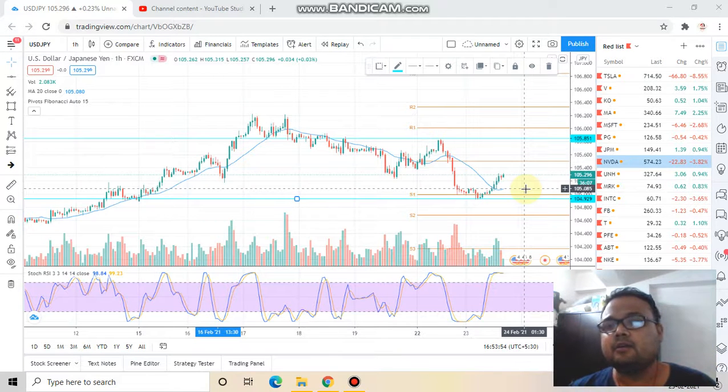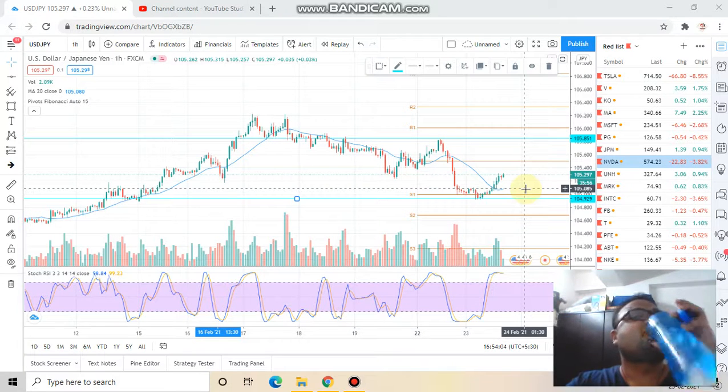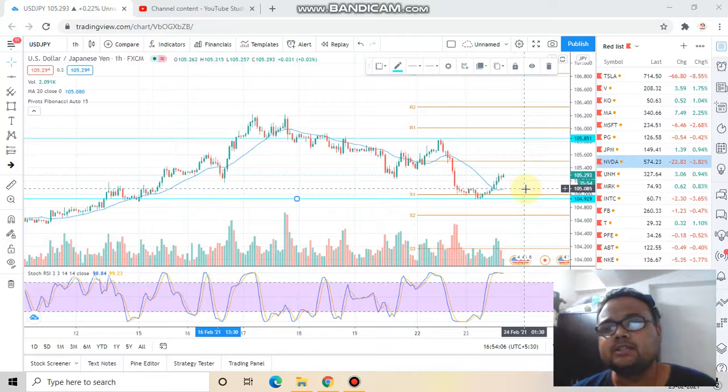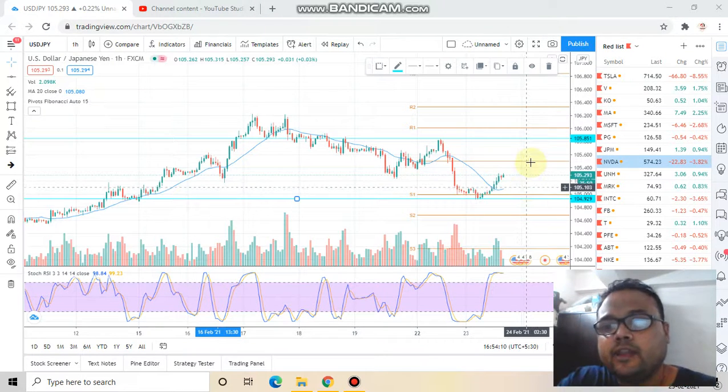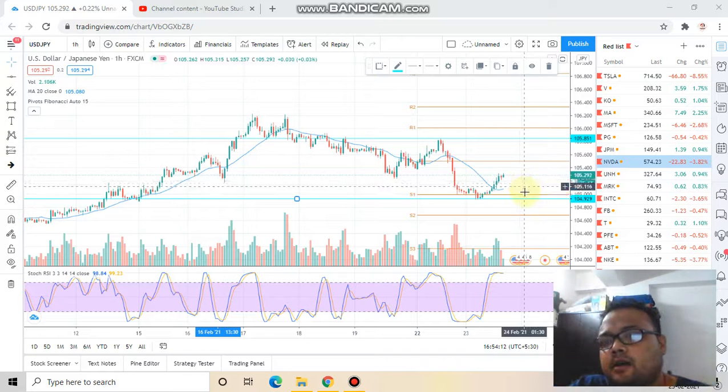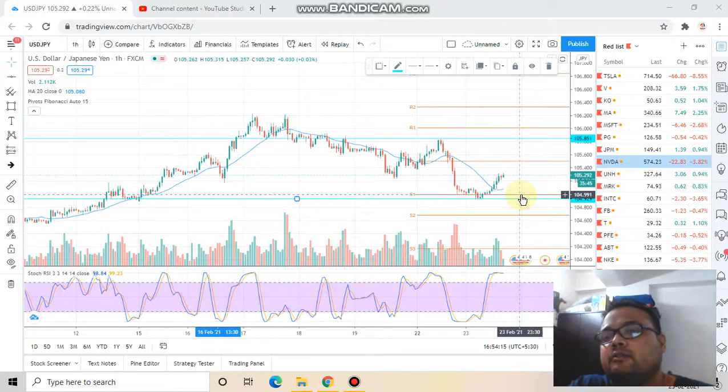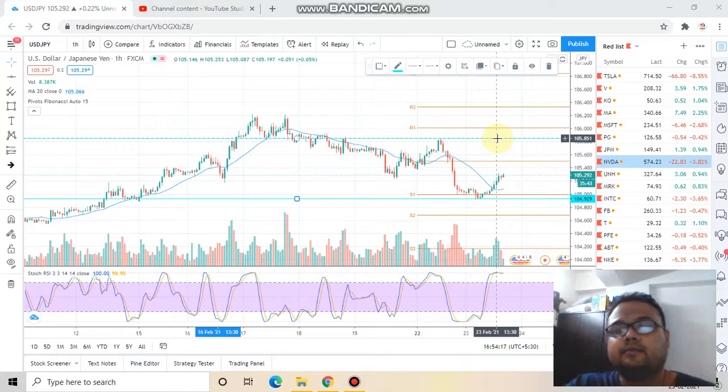And if you see that after hitting the 105 level there is a sudden selling pressure, then you can go ahead and short the market, though it is trading at 105.29. So these are the important levels for today: 105 as a support and 105.85 above.